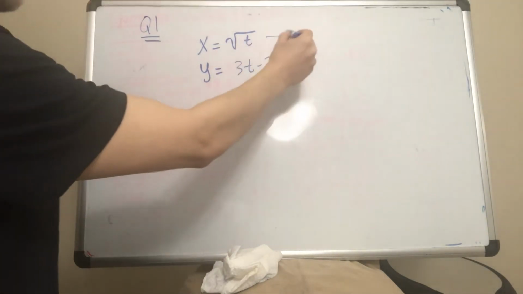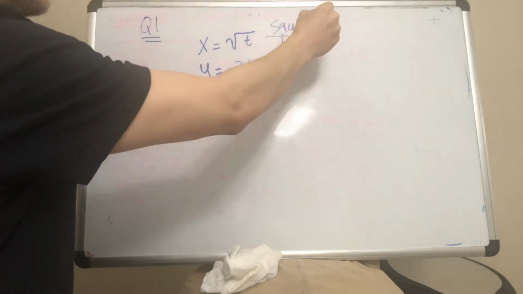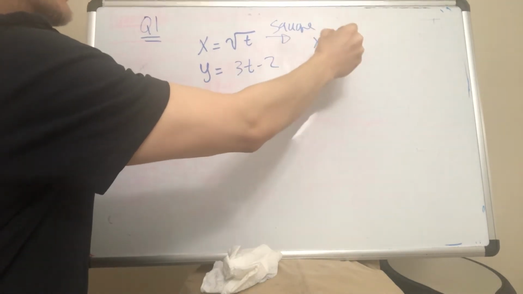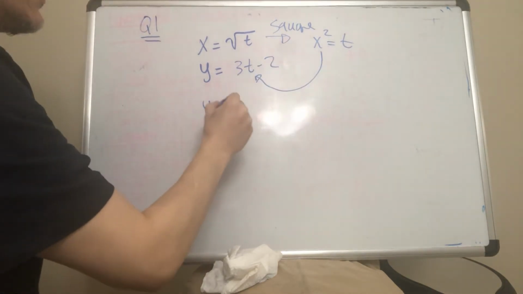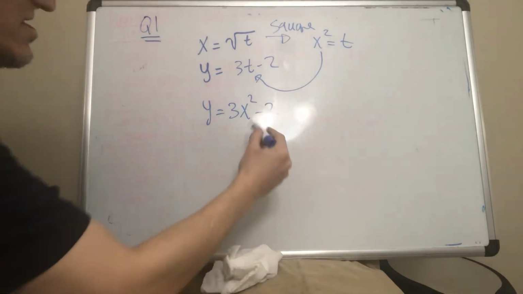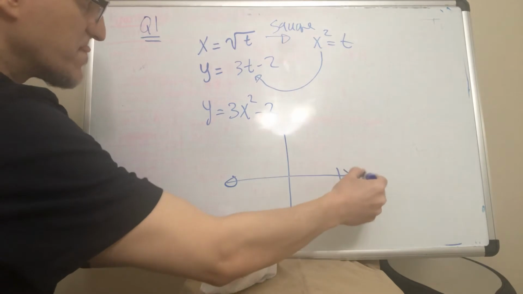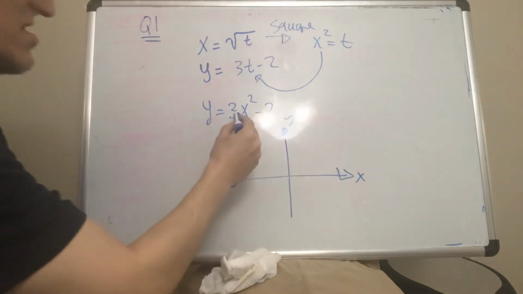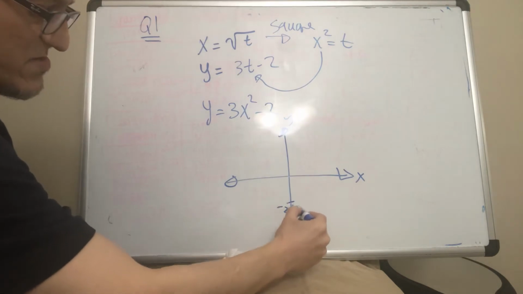Again, you notice here that if I square, it would be x squared equals t, so I can replace the t here by x squared. Now, this is the normal x squared. Minus 2 will make it start from minus 2.